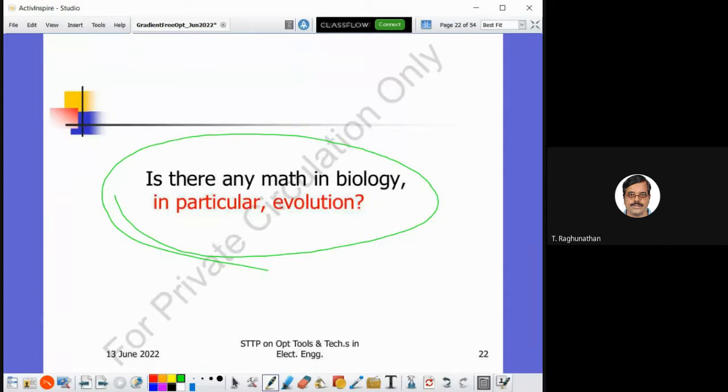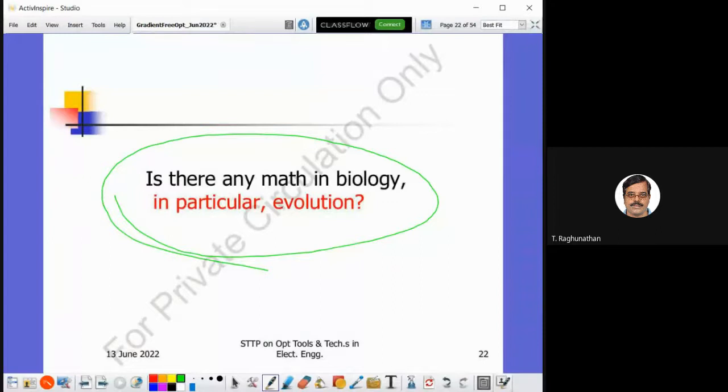Right. Now, the way we are looking at this, there seems to be some relation between maths and biology. Actually, there are courses, mathematical biology, in the best universities like MIT now, which are compulsory core courses, not elective courses. Okay, so in the immediate context, is there any maths in biology?